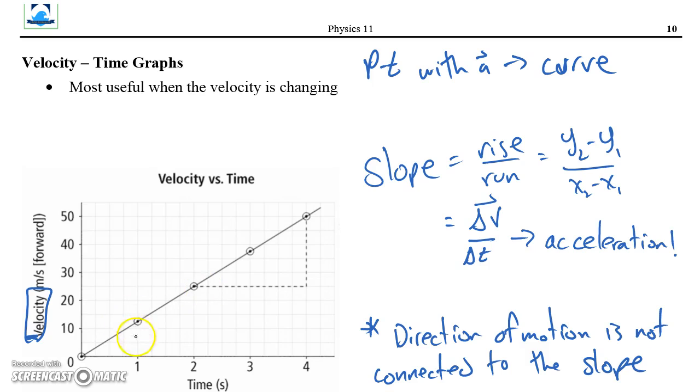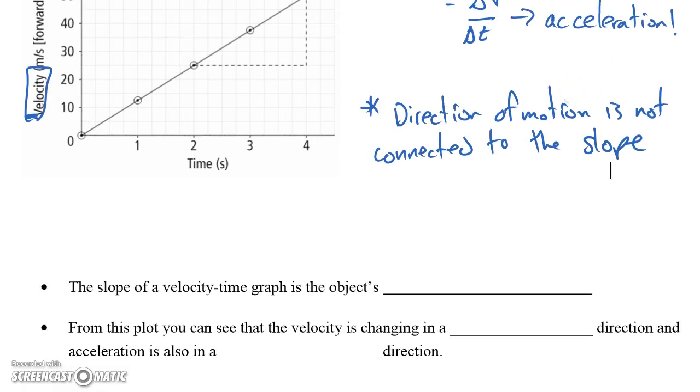So if the first point here, 1 second, it's maybe 12.5 meters per second forward. It's moving forward. That comes from the velocity, not from the slope. What is the slope? We just said it's the acceleration. So let's write that down one last time. It is the acceleration.